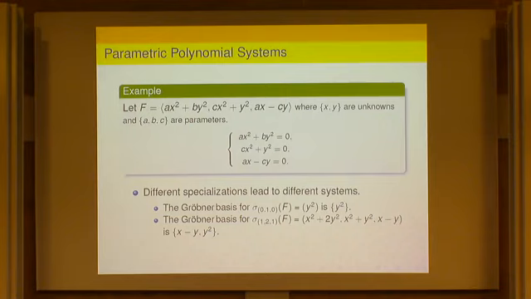Obviously this ideal is one-dimensional, because x could be anything. Then you look at the other one, 1, 2, 1. Then you get a zero-dimensional ideal, because x is equal to y and y squared, so y is 0 and x is also 0. So actually it's a single point. So we see that for different specializations, things are changing.